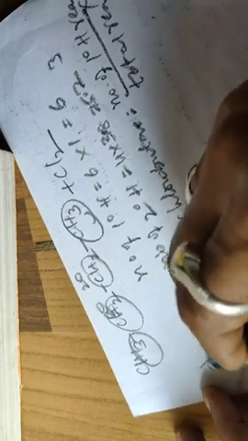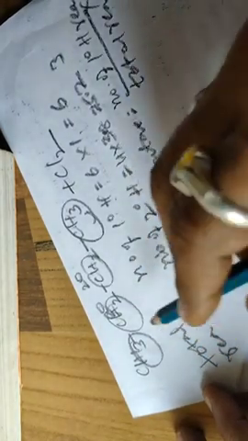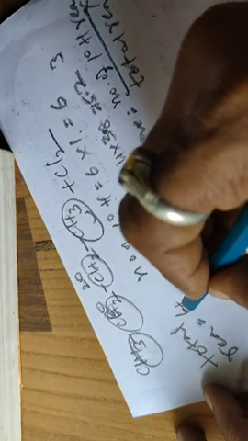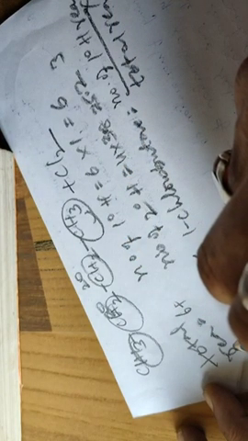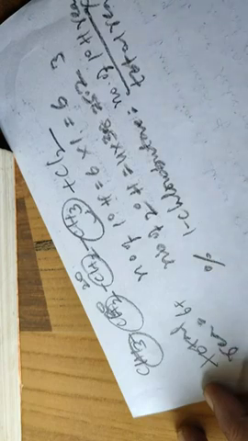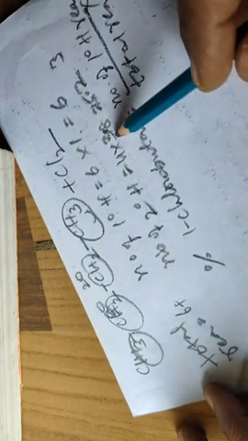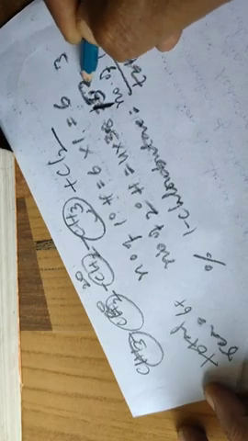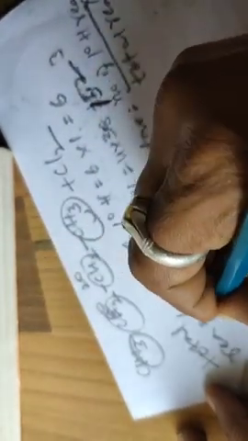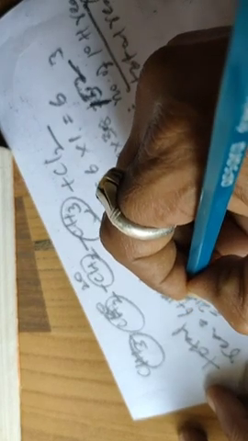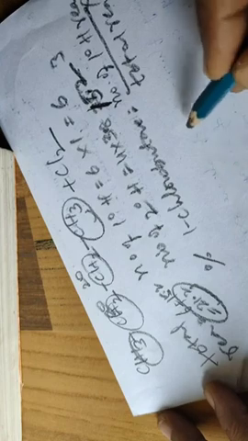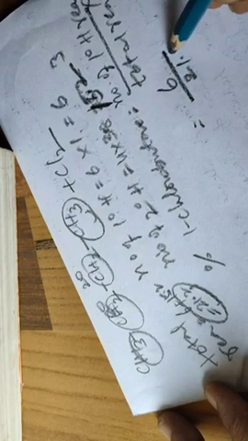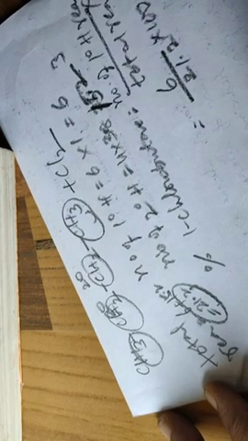It is 6 plus 15.2, that is 21.2. Therefore, for primary chlorination, 6 divided by 21.2 into 100.